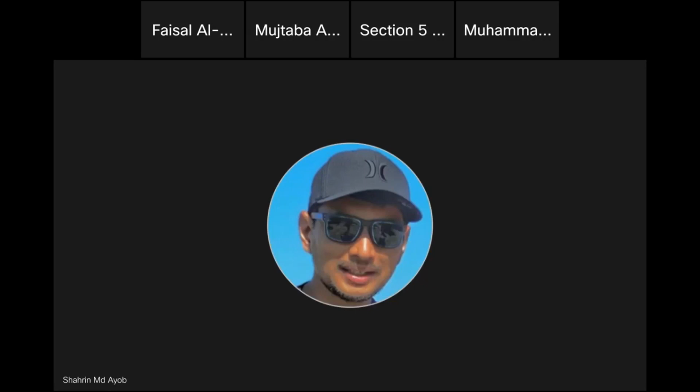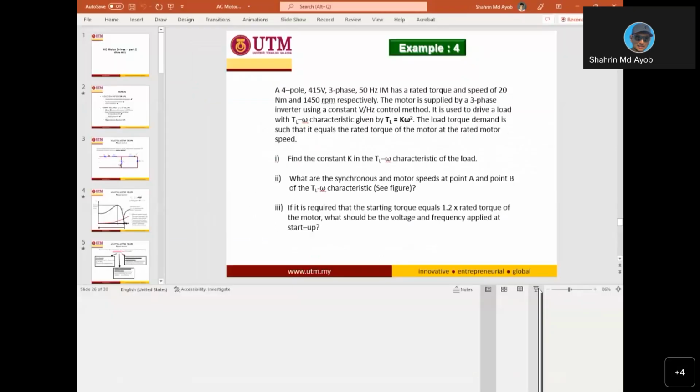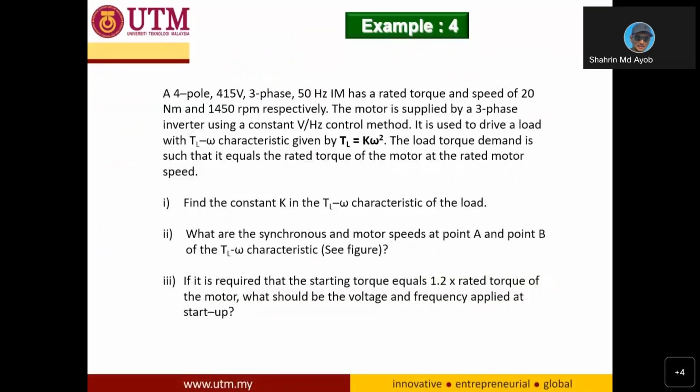Tak share lagi. Okay, example number 4 is quite complicated. Lepas ni ada kelas ke tak ada? Ada kelas? Okay, tak ada. Bagus. Ada kelas ke? Sampai ada kelas?